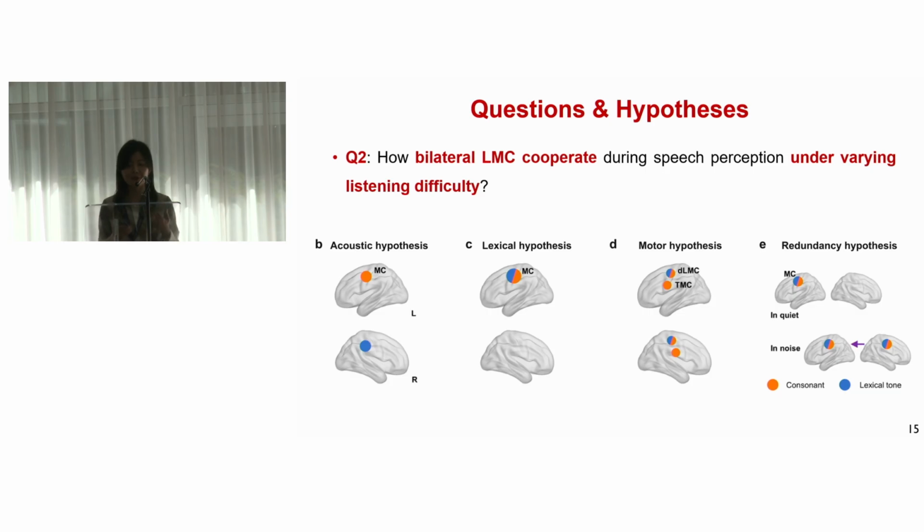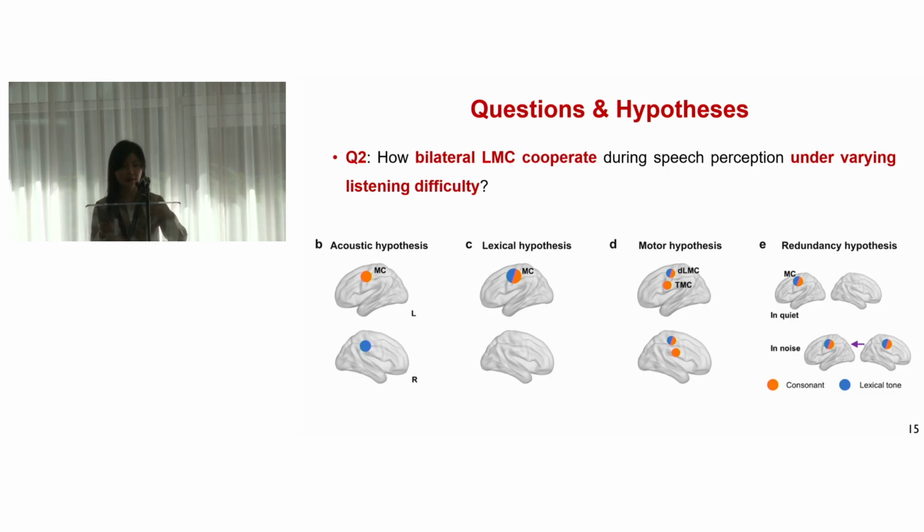According to the lexical hypothesis, maybe the left hemisphere contributes to both perception types. According to the motor hypothesis, it is more effector specific. And most importantly is the redundancy hypothesis: when we're listening in quiet, only the left hemisphere contributes, but when we're listening in noise, the right hemisphere will get engaged.